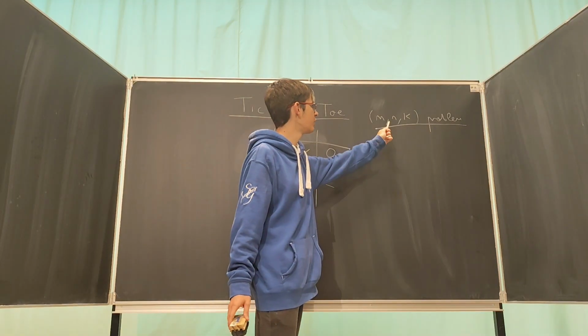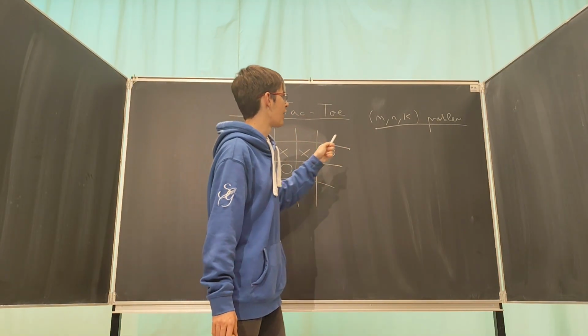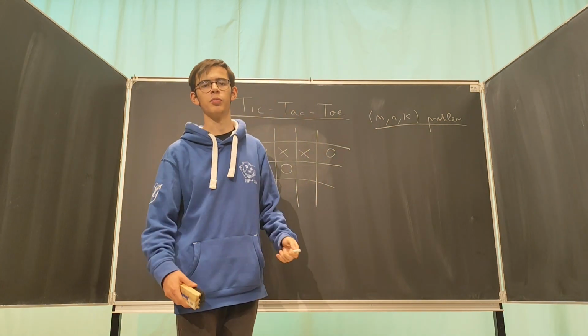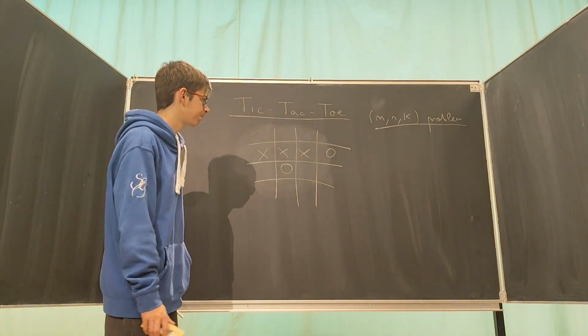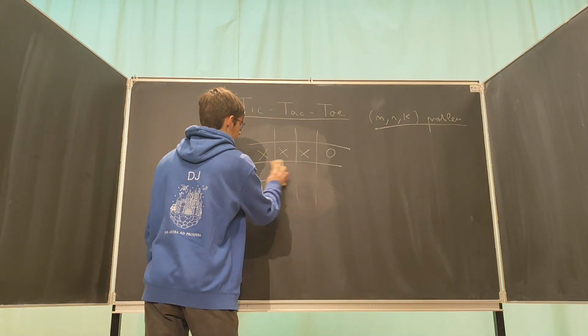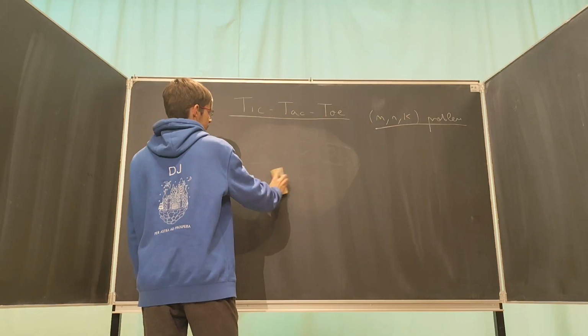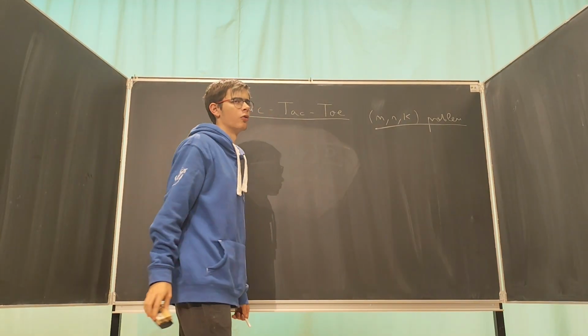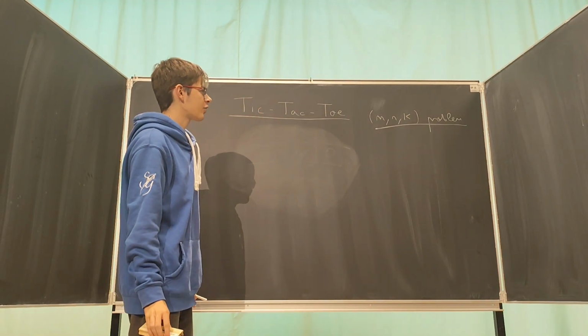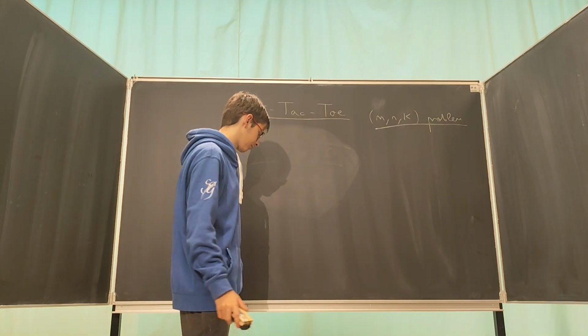So we're going to look at this today, and we're especially going to look at the case where M and N are actually infinite, so we're playing on an infinite board. All right. So, first of all, let's show that only the first player can have a winning strategy.